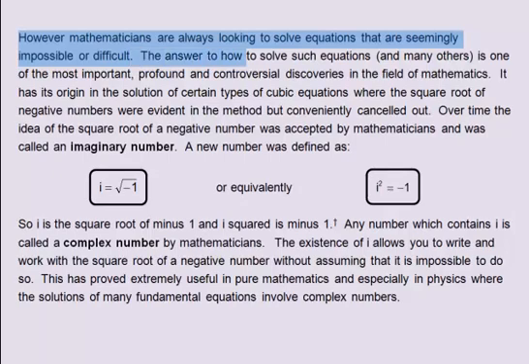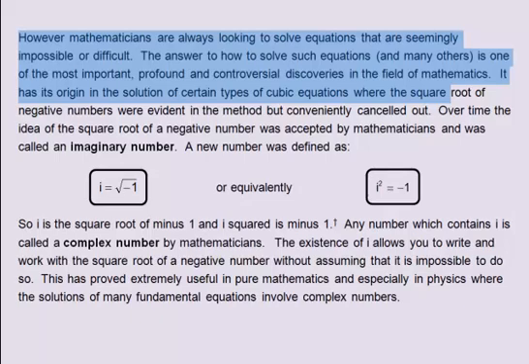The answer to how to solve such equations, and many others, is one of the most important, profound and controversial discoveries in the field of mathematics. It has its origin in the solution of certain types of cubic equations where the square root of negative numbers were evident in the method but conveniently cancelled out.